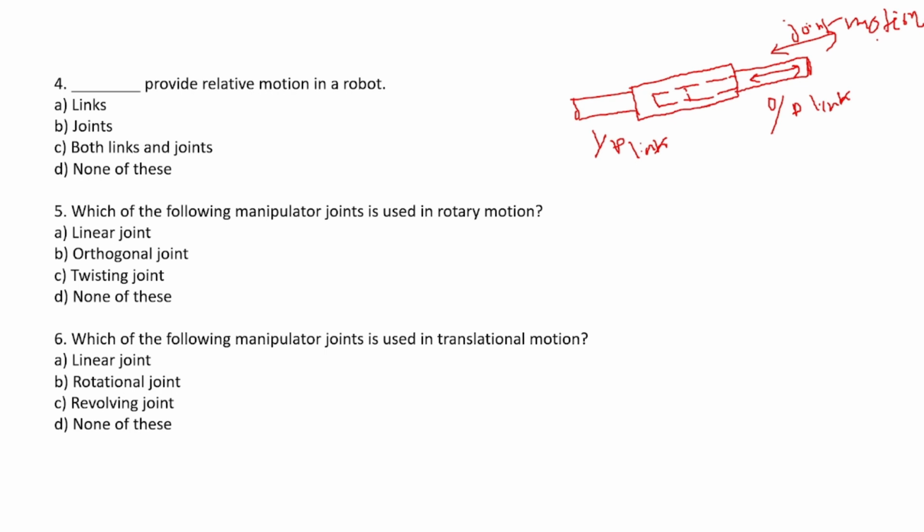So this one is the type of linear joint. That joint motion is linear to the output link.